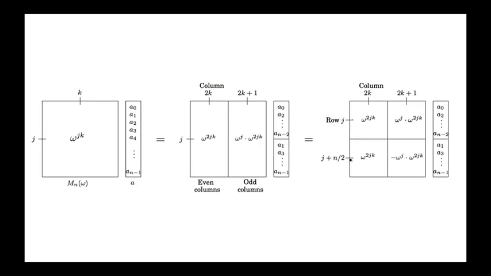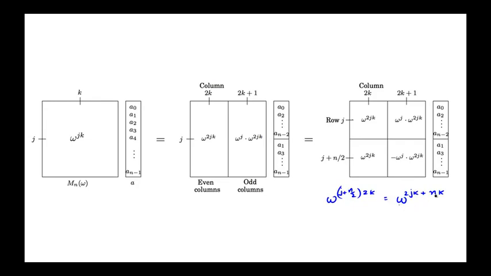And now notice that this entry, of course, was omega to the 2jk, but this is also omega to the 2jk, because this entry is omega to the j plus n over 2 times 2k, which is omega to the 2jk plus nk.